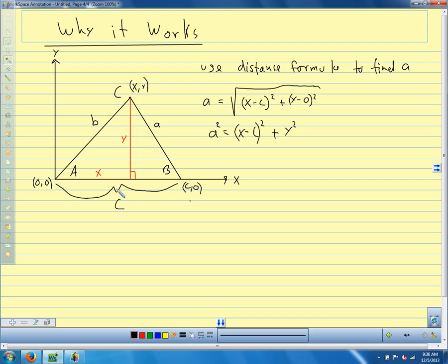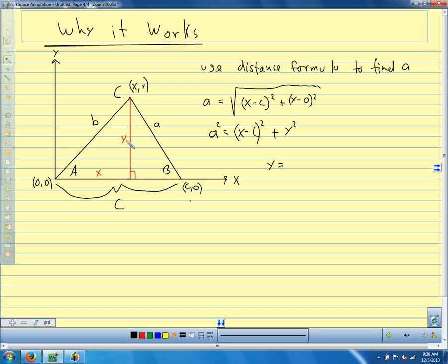Now let's go back to our triangle. When we were using the law of sines, how do we calculate the height of this triangle? Y equals, we know angle A and we know side B. So how have we been calculating the height of our triangle with law of sines?